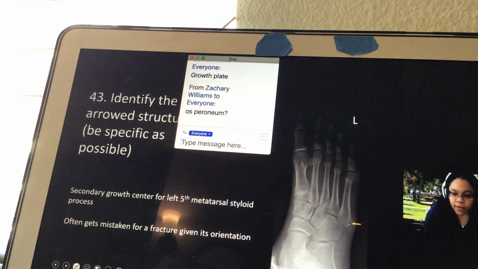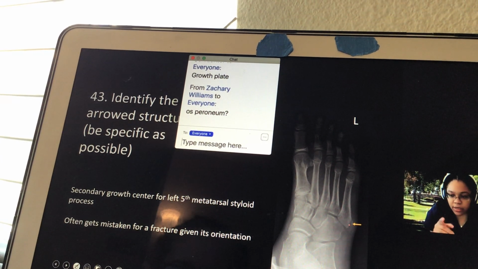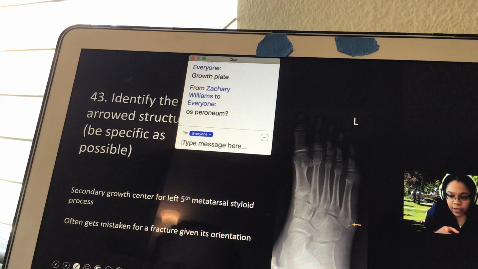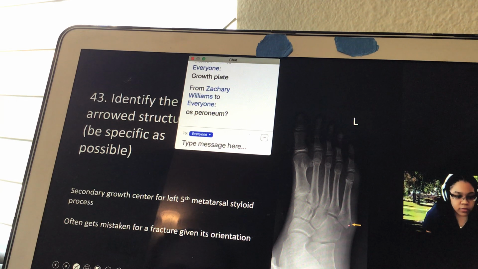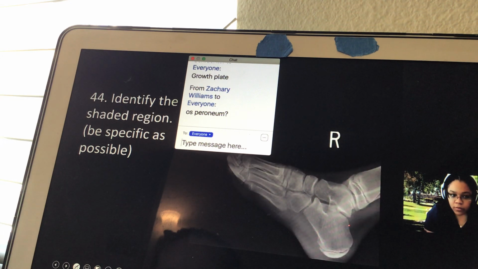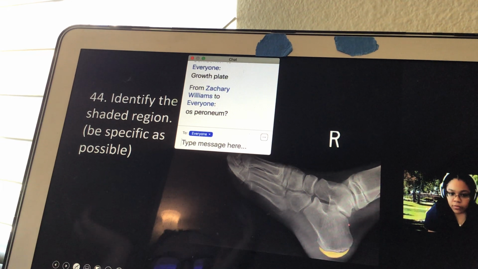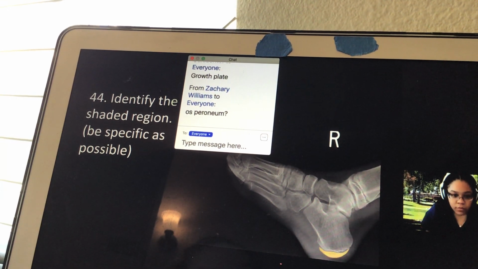So the secondary growth center comes in a vertical orientation. If it were more of a fracture, it would be of a horizontal orientation. It's the secondary growth center of the calcaneus.